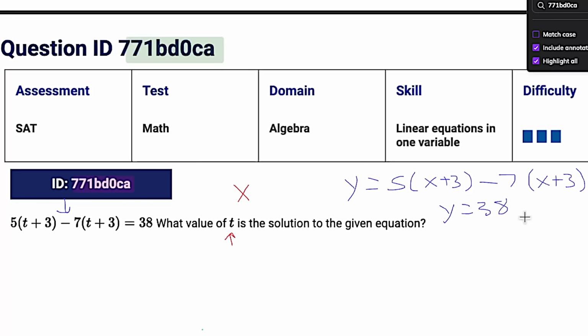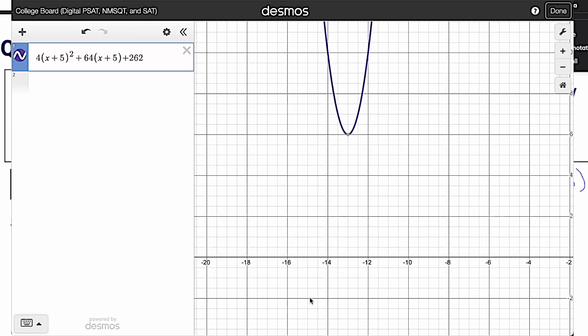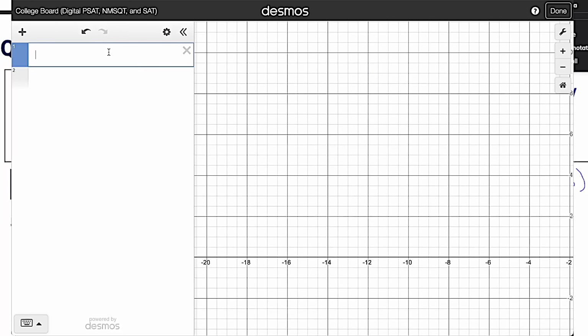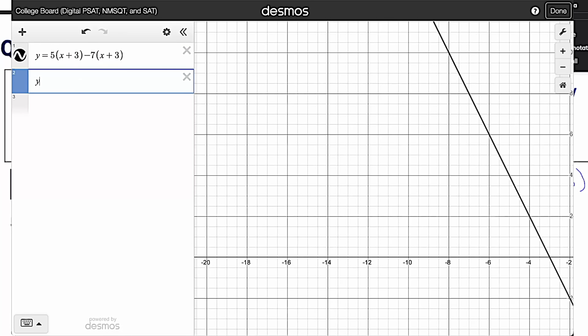And that's what I'm going to put into Desmos. Sorry about my sloppy writing, by the way. So Desmos, hello, my dear friend. That was y equals 5x plus 3 minus 7x plus 3, and then y equals 38.